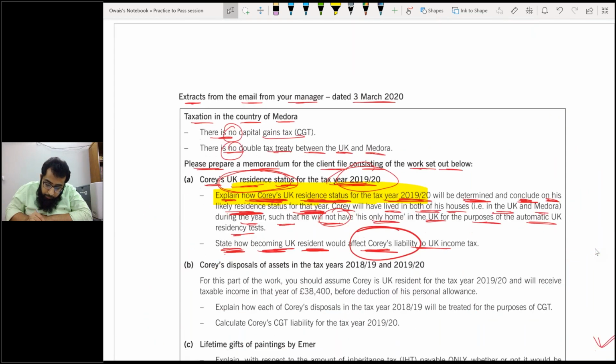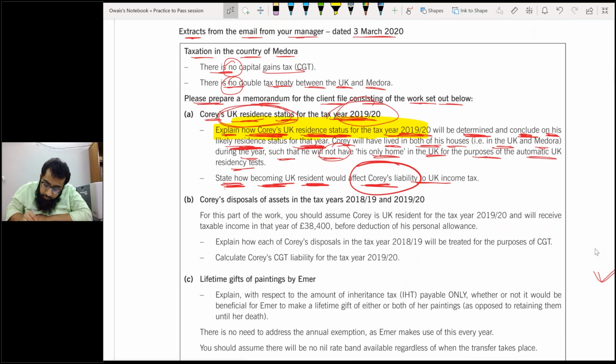Yes. For part B it was written: for this part of the work you should assume that Corey is resident in 1920 and will receive taxable income of 38,400 before deduction of his personal allowance.